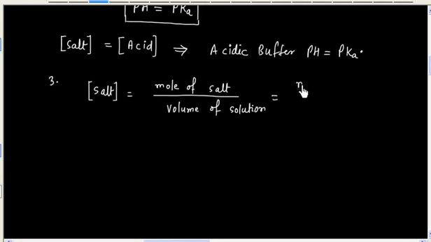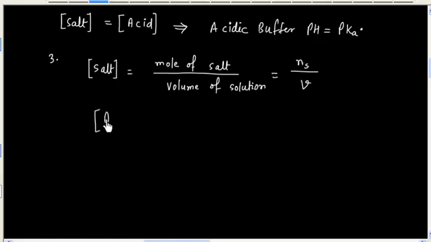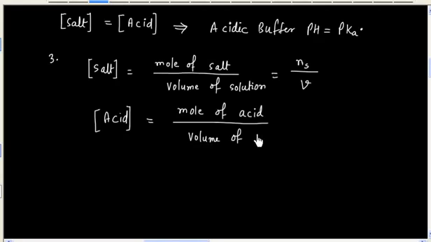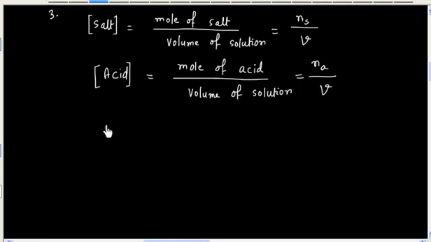Let us say mole of salt is denoted by Ns and volume is denoted by V. Similarly, we can write concentration of acid, that is mole of acid divided by volume of solution. So let us say mole of acid is Na and volume of solution is V. We can use this expression to calculate pH.